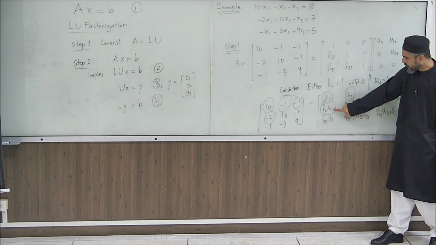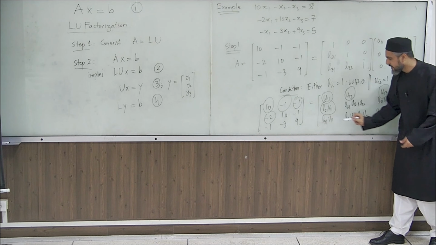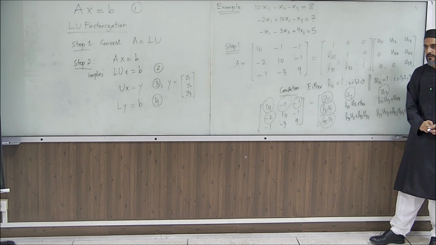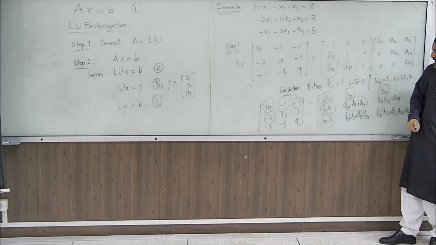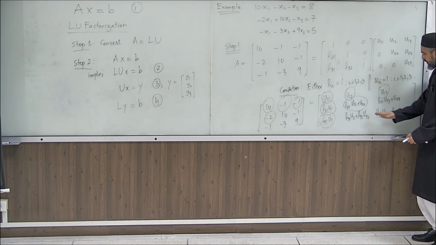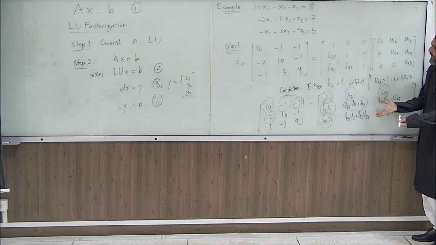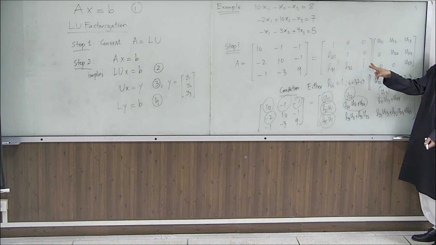Since you know U11 as 10, you get L21. Similarly, you'll get the value of L31, and then U22. By solving all these equations, you'll be able to find all the unknowns. You have to plug those unknowns into this representation.